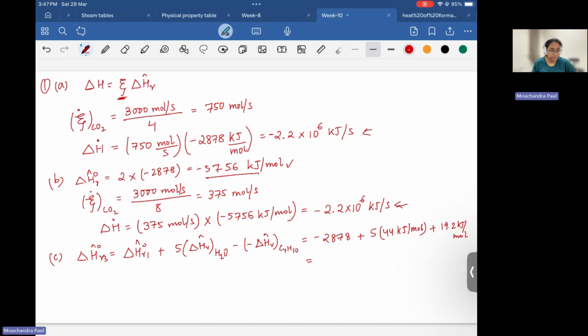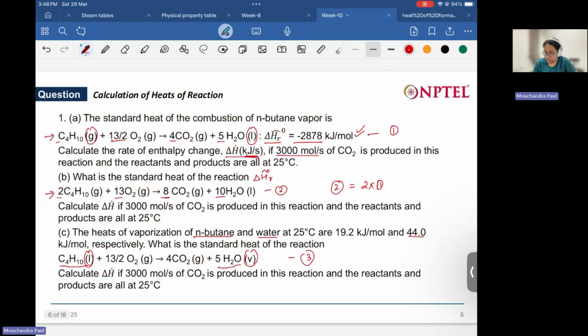This will become minus 2638.8 kilojoule per mole. This is the new heat of the reaction, okay, for this reaction 3.